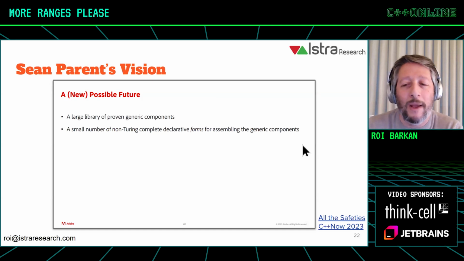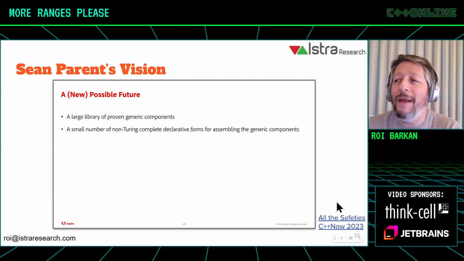This is a slide that I stole from a presentation by Sean Parent about software safety and security, where he also has a vision where all good code bases will basically be just some composition of many generic components that are highly generic, highly proven, highly testable, and then composing them into an application is so trivial that it can even be done using a non-Turing complete declaration form.